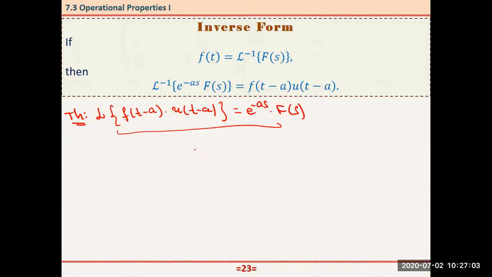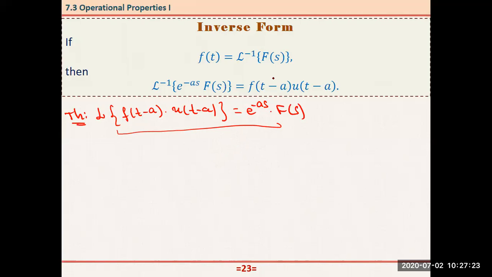But now we will consider another case, because most of the time we are frequently confronted with the problem of finding the Laplace transform of a product of a function g and the unit step function u of t minus a, where the function g lacks the precise shifted form f of t minus a.